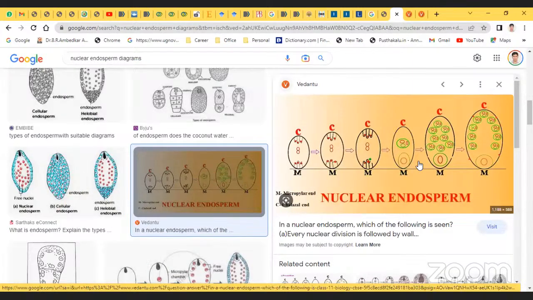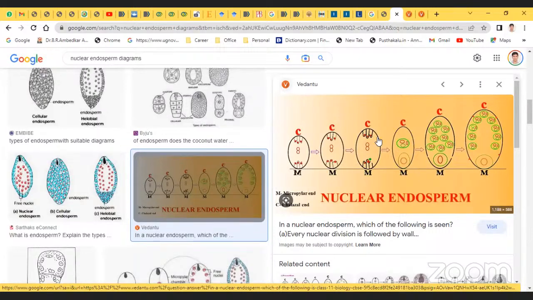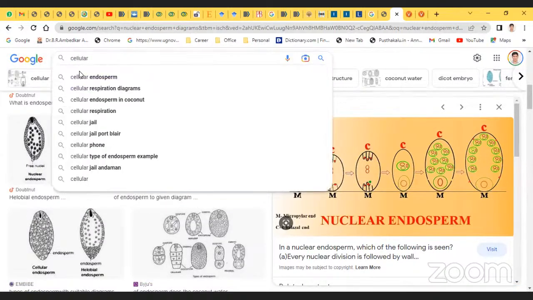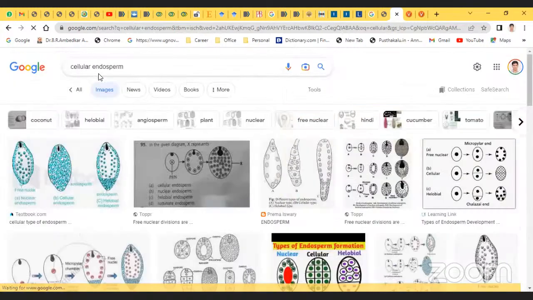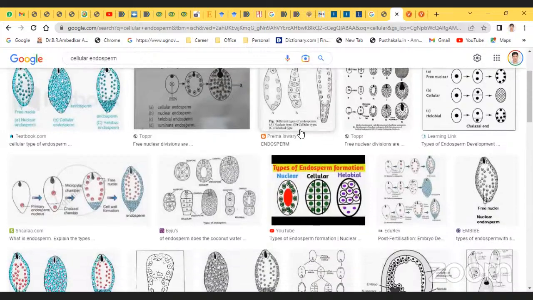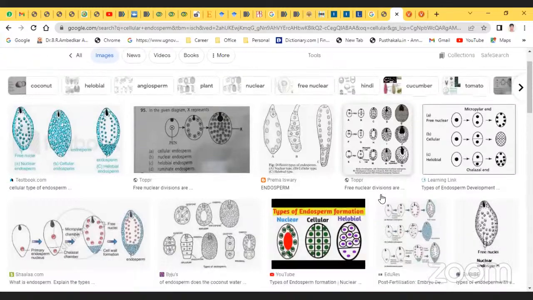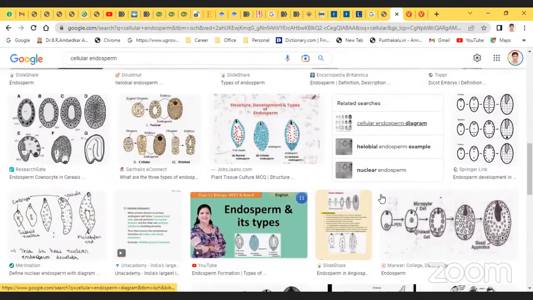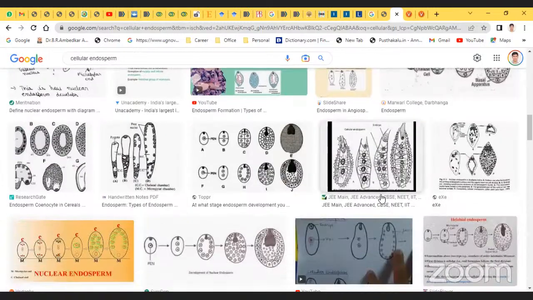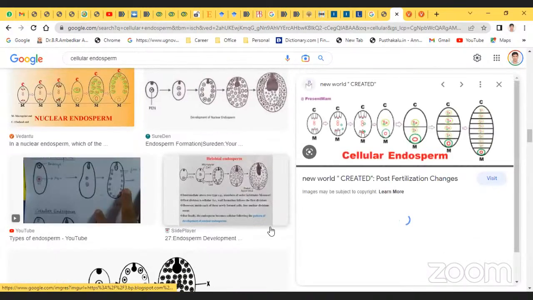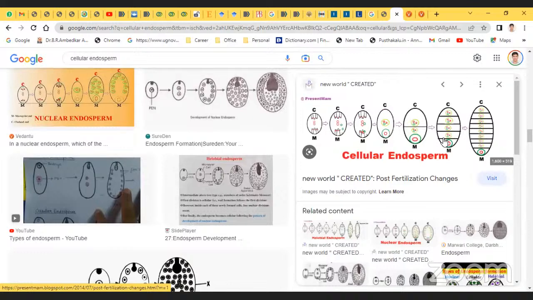So this is the nuclear endosperm. Next one is, just see the slide.